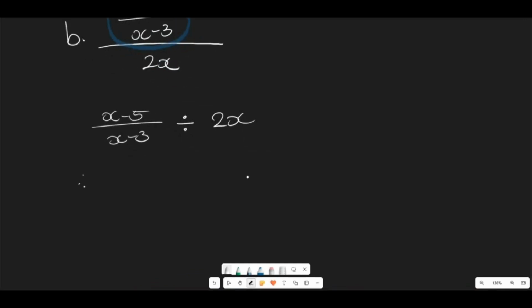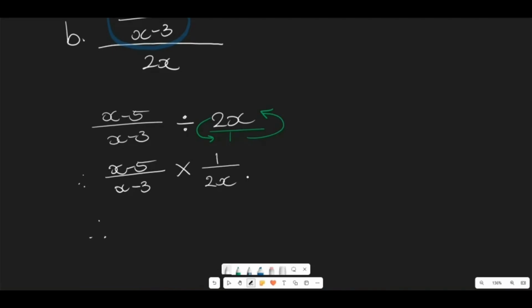Okay, therefore, I can now say x minus 5 divided by x minus 3. Change this to a times. When I change this to a times, remember 2x divided by 1 is still the exact same thing as 2x, right? Then I can now swap the symbols. So I'll basically have 1 over 2x.